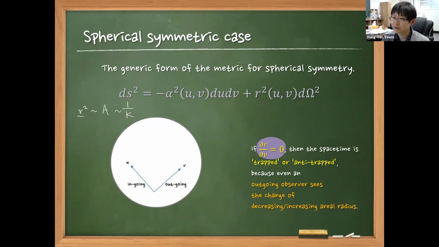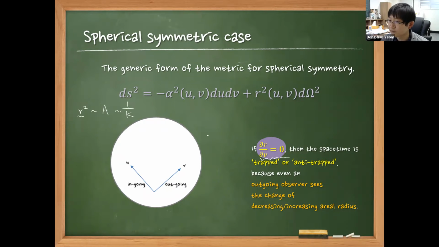So along the ingoing null direction, usually R decreases, and along the outgoing null direction, usually R increases. But if it changes the sign, so if ∂R/∂V equals 0, then one can say that the space-time is trapped.